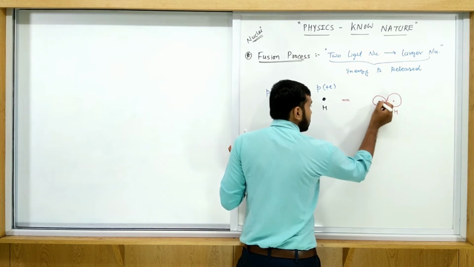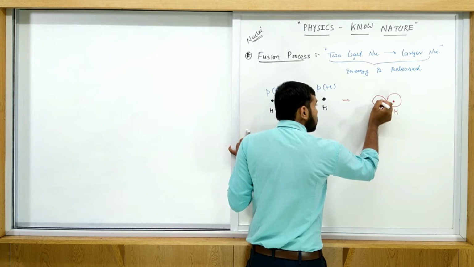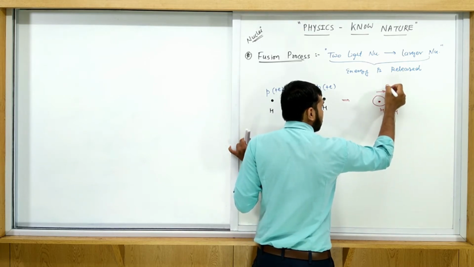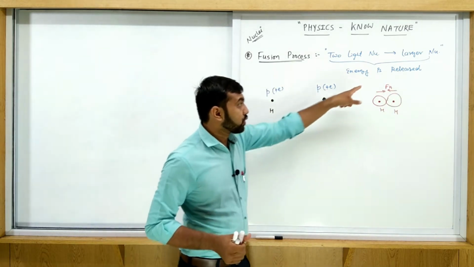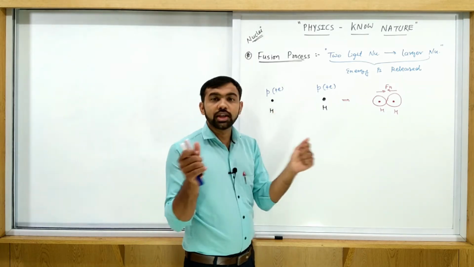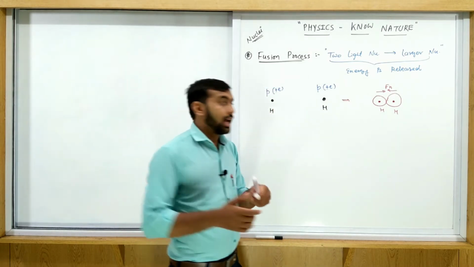This is a proton, and this is also a proton. Which attractive force is applicable? Nuclear force. Due to this very strong nuclear force, both hydrogen nuclei are combined with each other and form a larger nucleus.